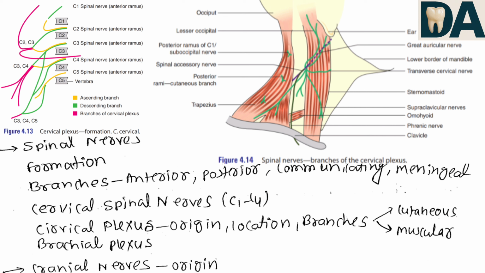These branches provide the sensory innervation to the skin. They arise at the level of the medial third of the sternocleidomastoid at the posterior border to innervate the skin of the neck and scalp between the auricle and the external occipital protuberance.